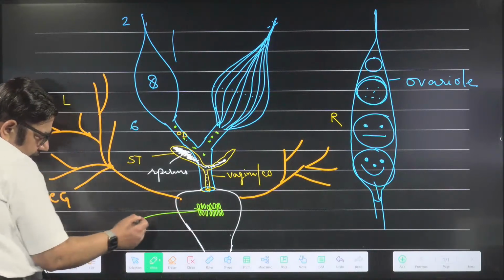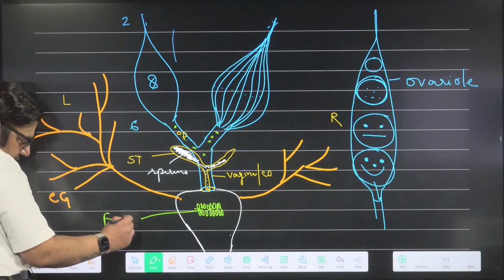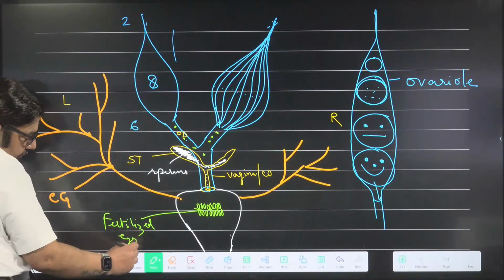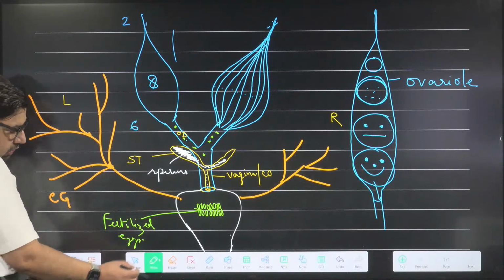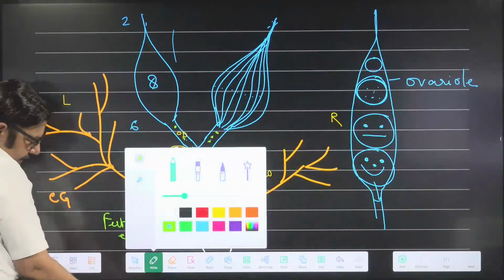These are all fertilized eggs, 2 rows of fertilized eggs.